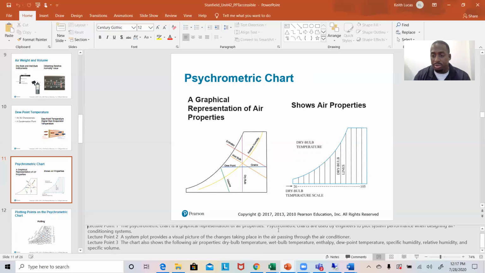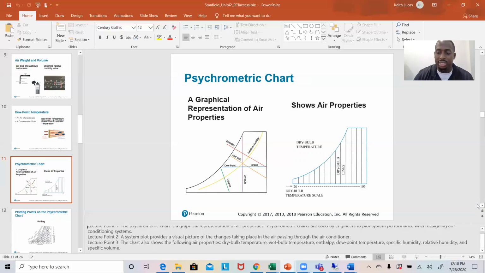and specific volume. You can find all these different properties on the psychrometric chart, and all you need is two of them. If you have any two properties, once you plot that point on the chart, you can just follow it from that point to any of the other properties to find out whatever you want to find out.